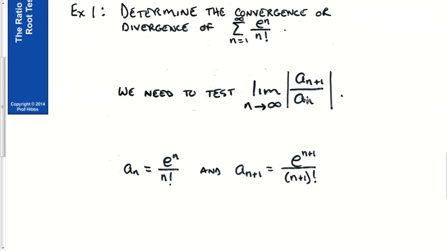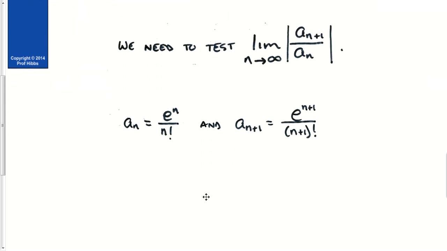We need to know a sub n, and of course a sub n is just this term right here. And we need to know a sub n plus 1. Well, that would just be the next term, when we're at n plus 1 rather than n. So our exponent on e would be n plus 1, and in our factorial, it would be n plus 1 factorial.